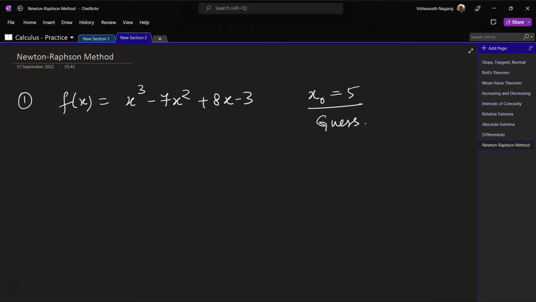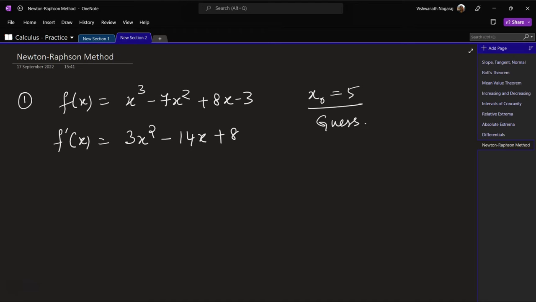Now based on this we are going to figure out a much better approximation of what the zero is going to be. The first thing that we have to do is differentiate this. So we get 3x squared minus 14x plus 8.